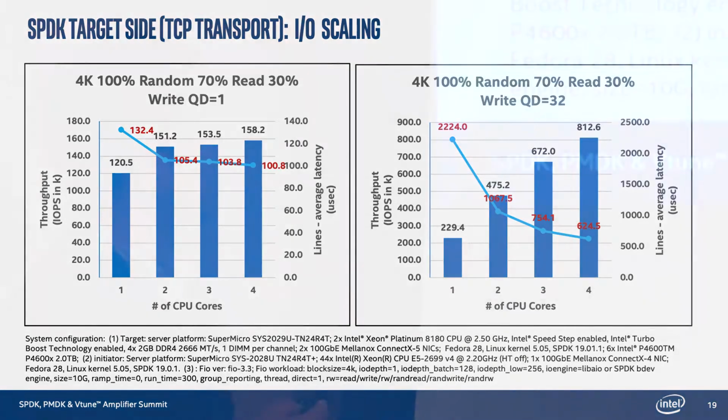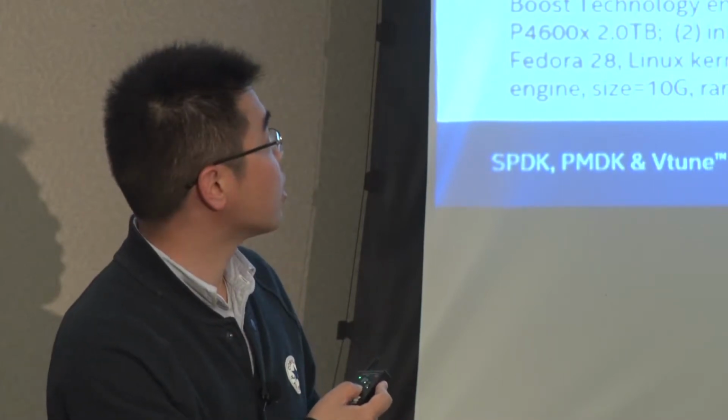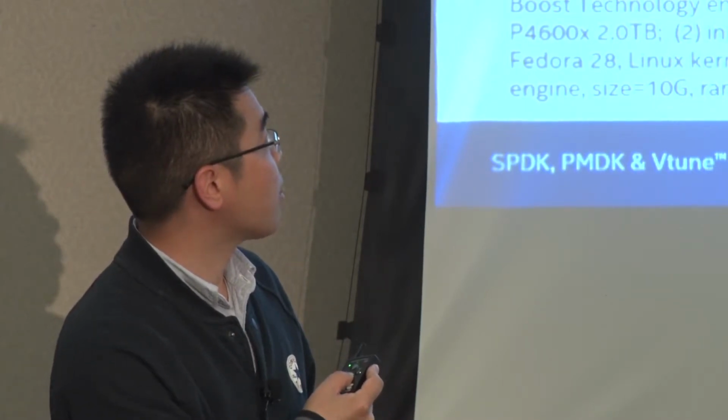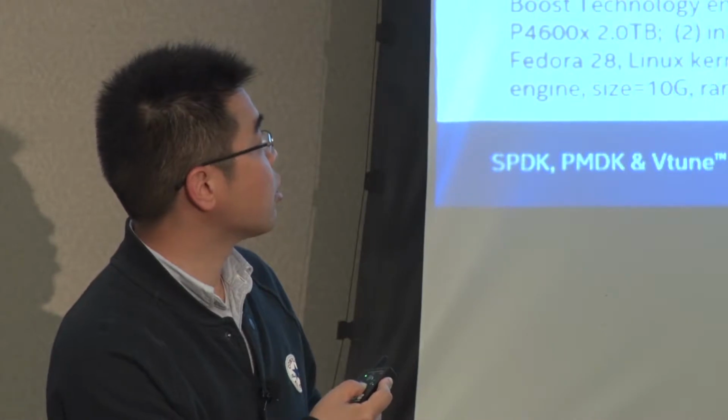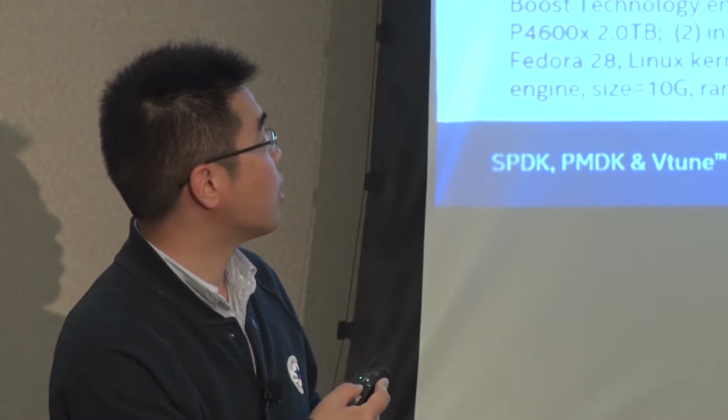But from the first diagram, you can see if we just use QD equals to 1, the performance increment of the IOPS or the decrement of latency is not quite obvious.